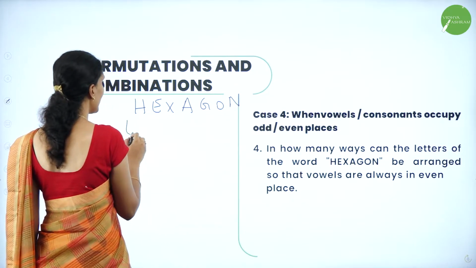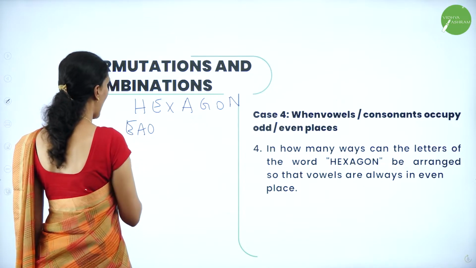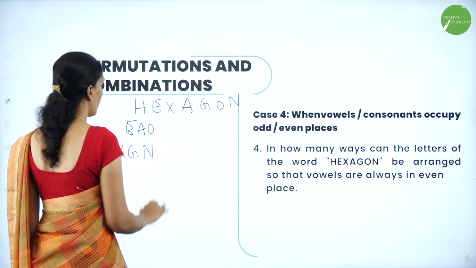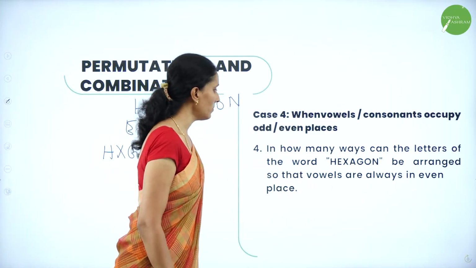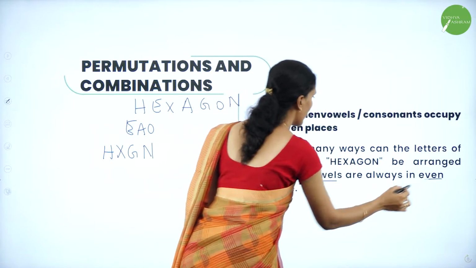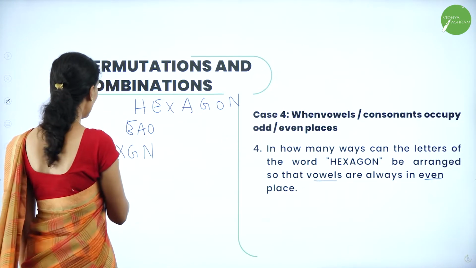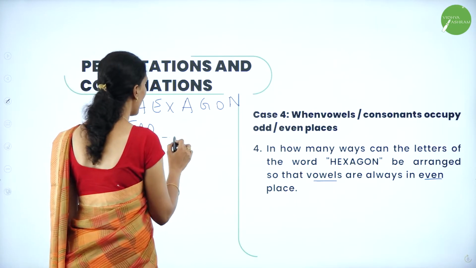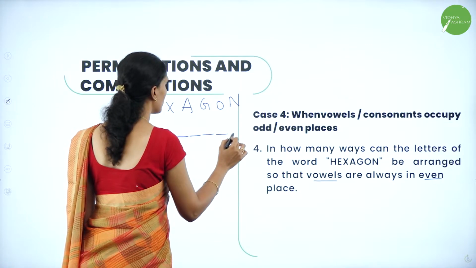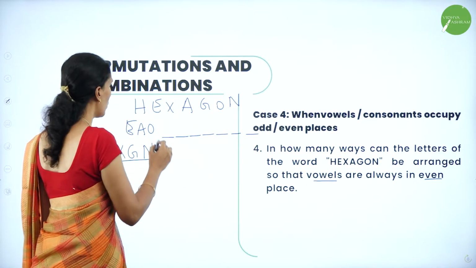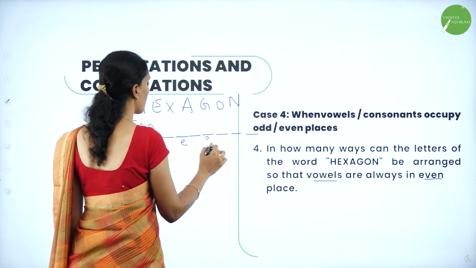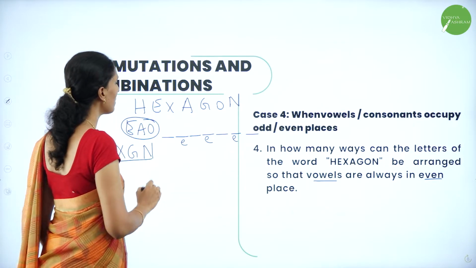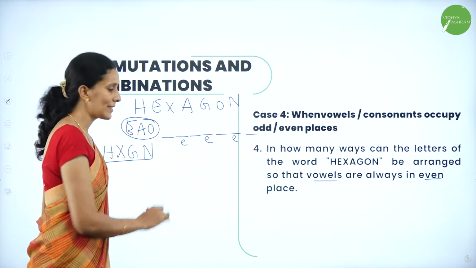So we have E, A, O and H, X, G, N. Okay, so according to the question, if vowels occupy even places, then certainly consonants will occupy odd places. How many letters we have? 7 different letters. So here, even places should be occupied by vowels. Okay, so how many even places we have? 3 even places and 3 vowels.